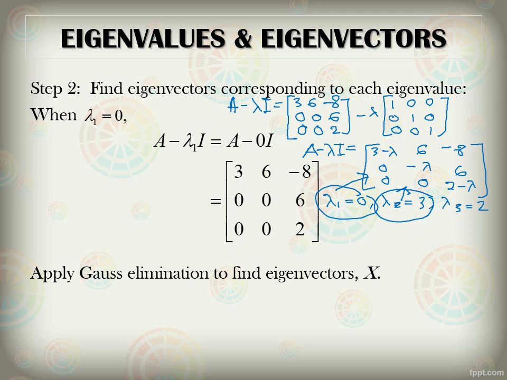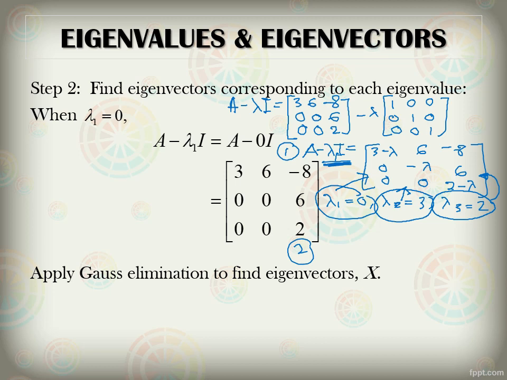And lastly proceed with lambda 3, which is equal to 2, substituting into this matrix. This is the general matrix form in the first step. In the second step, you just specify this to be lambda 1, and then substitute with lambda 2, lambda 3, and so on, depending on how many lambdas that you have.